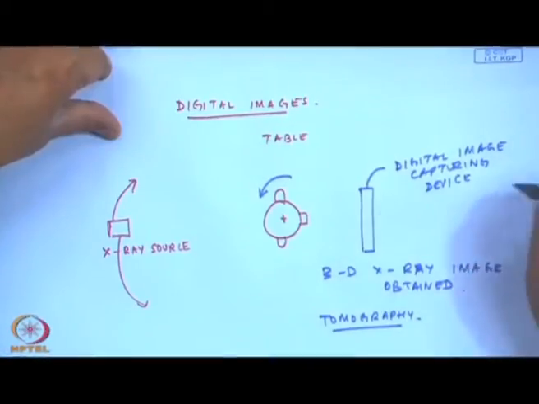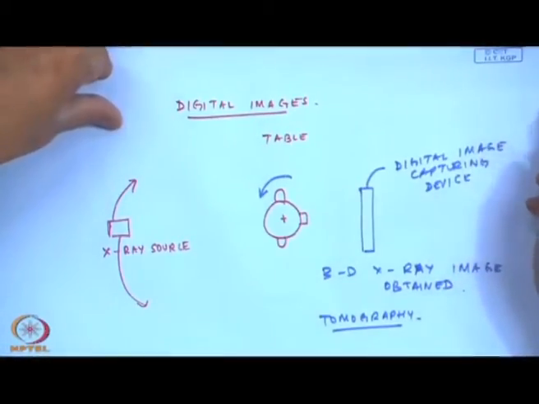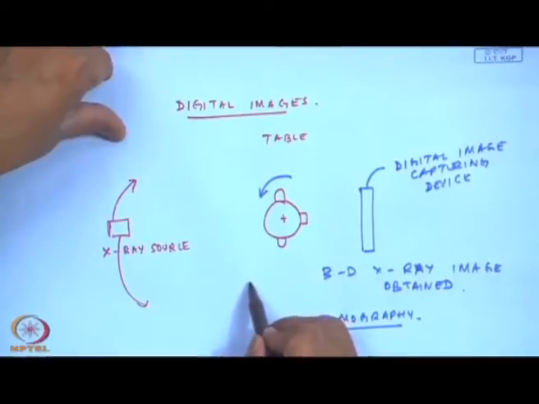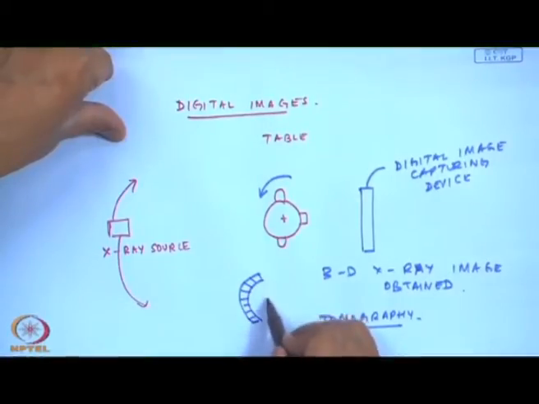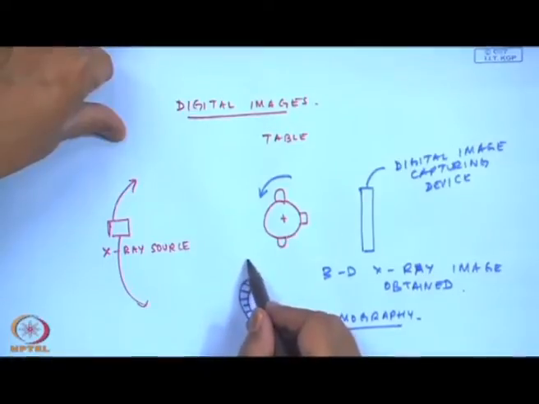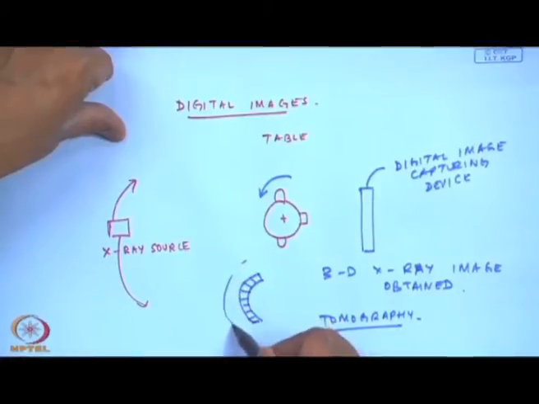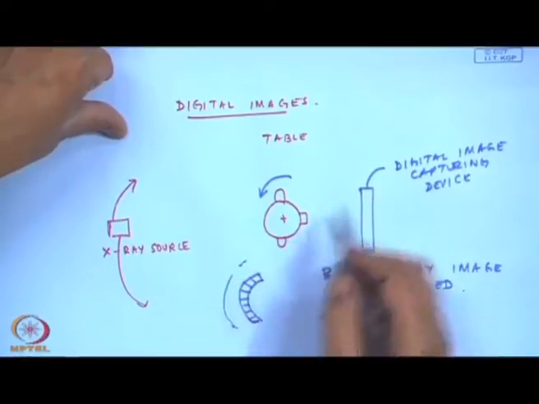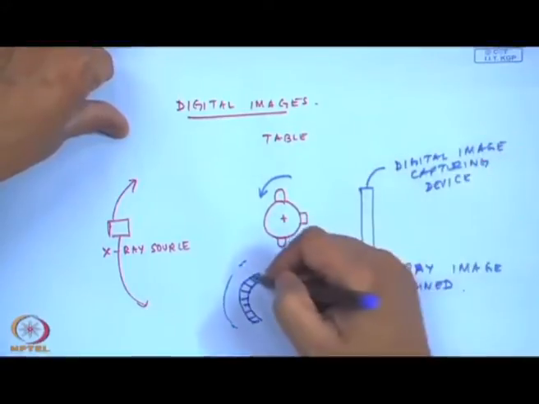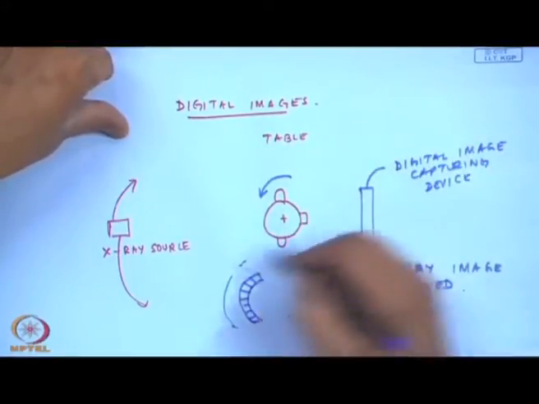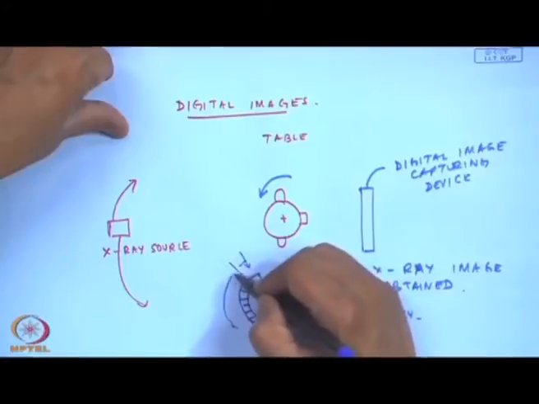Okay. And many of you would have done dental X-rays. If this is the jaw, and then you have your teeth, you would have seen one of these. You can see the X-rays move by computer control, and then you can get the entire image of all your teeth in one go, rather than exposing them individually.